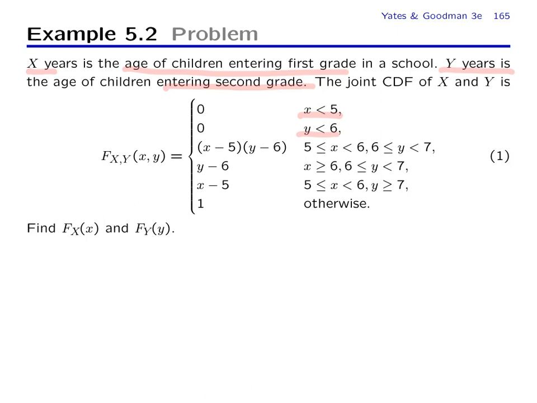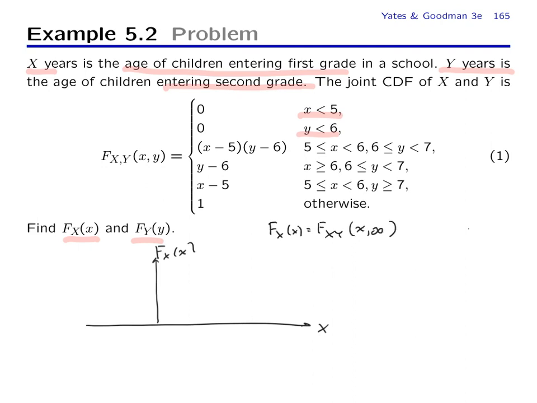This example asks you to find the individual CDFs of X and Y just to make this fact a little bit more clear. So for example, if I think about the CDF of X, to solve this problem, we use the property from our earlier theorem that the CDF of X is equal to the joint CDF of X and Y at X and infinity.